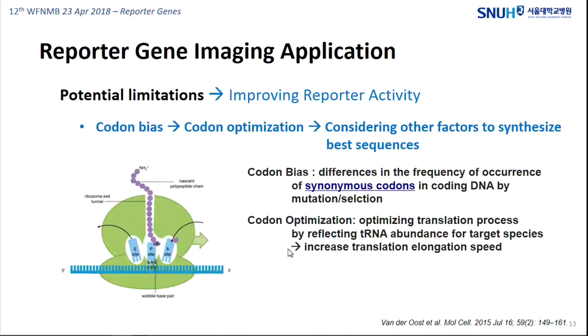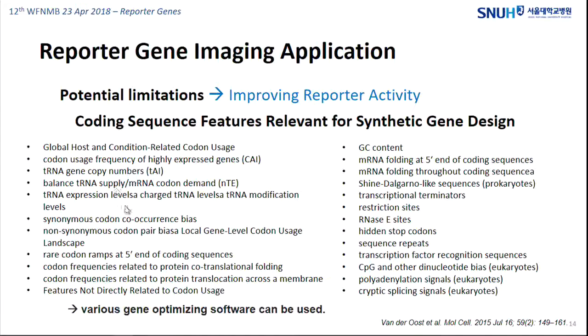So actually, there are so many factors to increase the translation and to make lots of reporter proteins, and we have to consider these, but there are so many things. But you don't have to worry about that. There are very good programs that include those kinds of options.